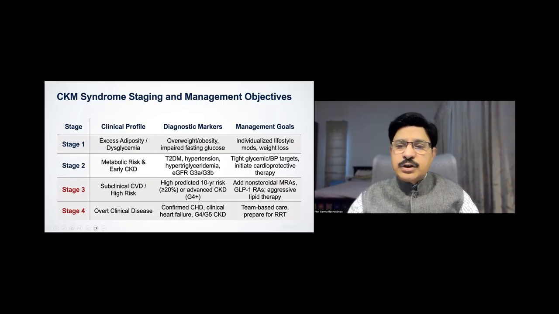Add non-steroidal MRAs. There is a new drug called finerenone, a non-steroidal MRA, that has to be used. Also GLP-1 receptor agonists and aggressive lipid therapy. Stage 4, overt clinical disease, confirmed cardiovascular disease, clinical heart failure, stage 4 or 5 CKD: team-based care, prepare for renal replacement therapy. The one table in the previous slide summarizes your management options.